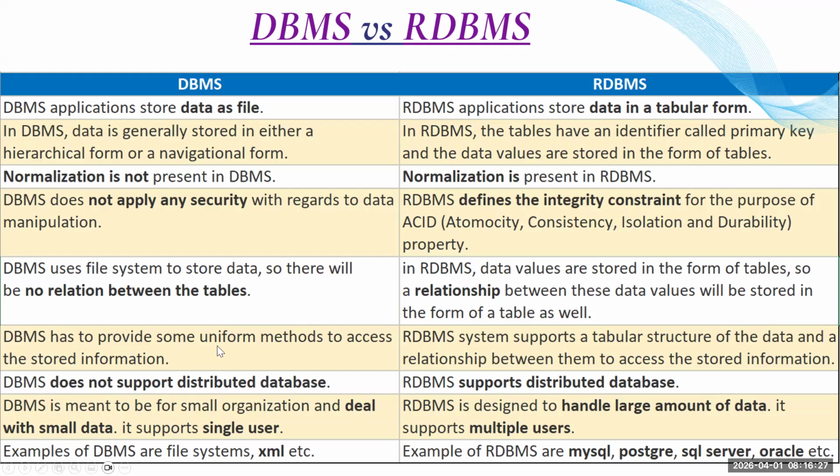DBMS has to provide some unique methods to access the storage information. But RDBMS supports the tabular structure of the data and the relationship between them, where you can use join conditions and subqueries to retrieve the data.